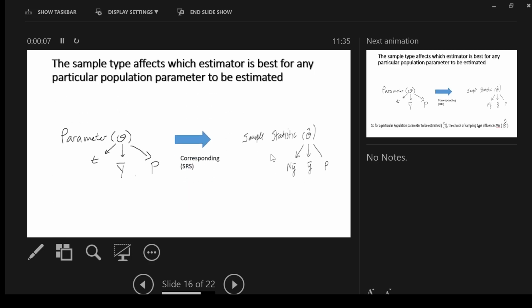So what we know is the sample type affects which estimator is best for any particular population parameter to be estimated. You can see here, obviously if you're estimating the total, it's a different formula than if you're estimating the population mean. If you want to estimate the T, you use N Y bar. If you want to estimate Y bar, you use little y bar.